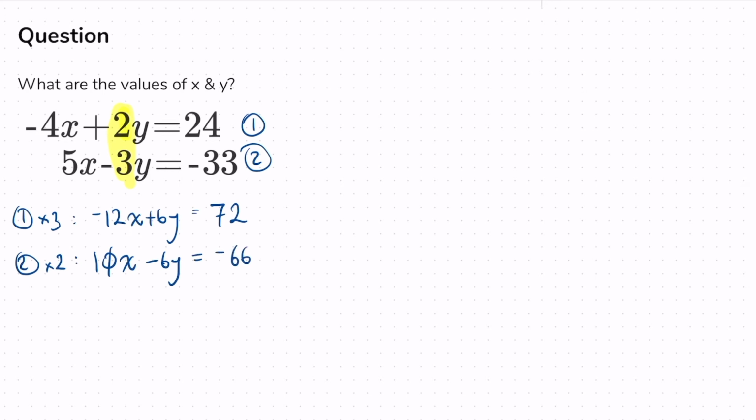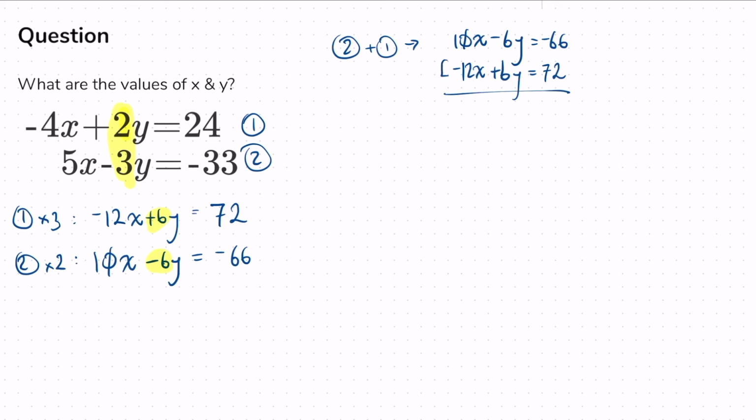And again, because these are now eliminatable, I can go ahead and just do that. So 2 plus 1, I get 10x minus 6y plus negative 12x, well, that's negative 2x.